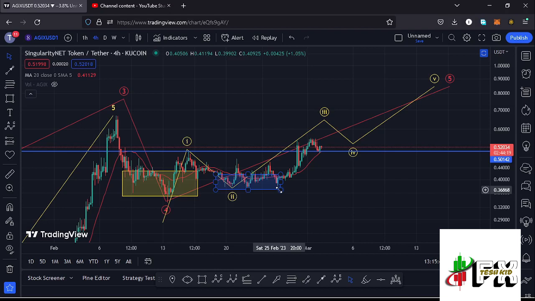And after fully maximizing that target area in the formation of that wave 2, whatever we expected next is the start of another massive run up to the upside in the formation of that higher Elliott wave count 3.